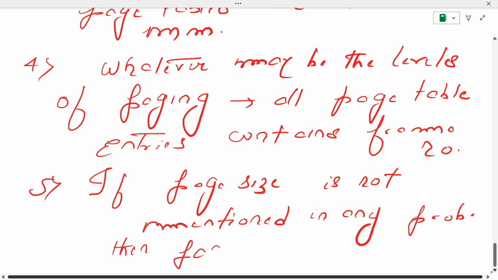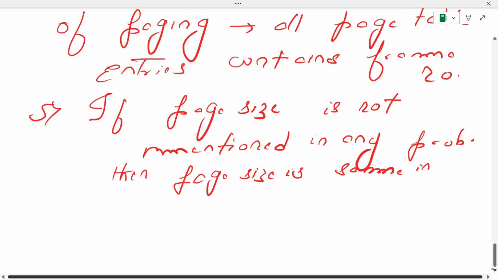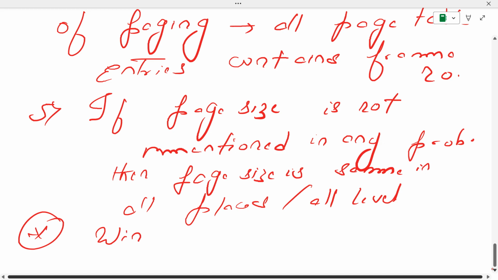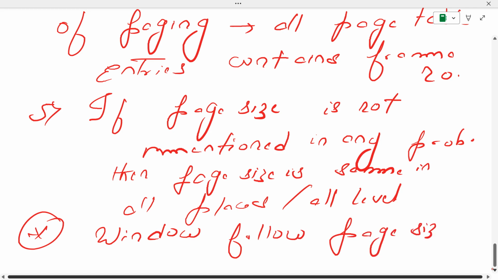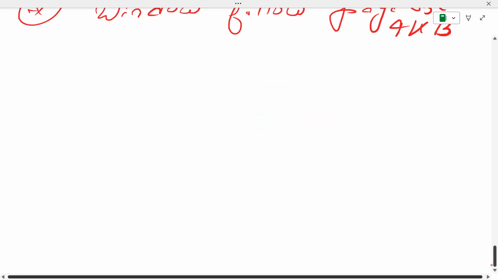Typically Windows follows a page size of 4 kilobyte. Okay. So if we diagrammatically draw this, so this is, let's say, the first level page table.